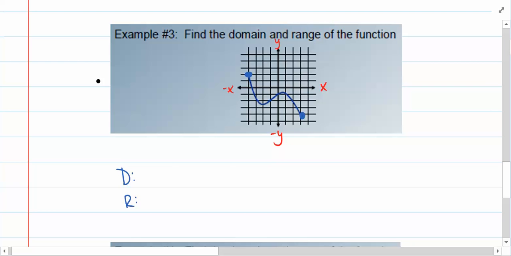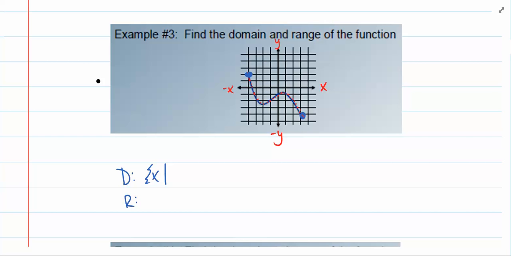Well, again, domain is associated with all of the x values in a particular group of coordinates. So if you think of all of the x values that can be created on this graph, the smallest x value is going to be 1, 2, 3, 4 units to the left.